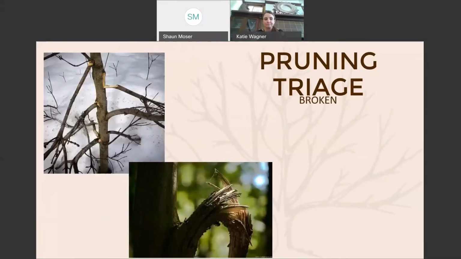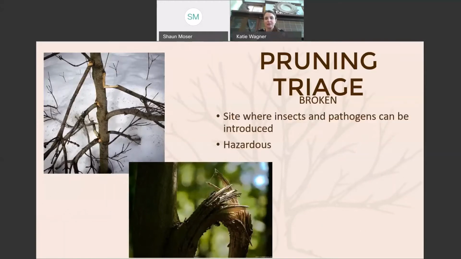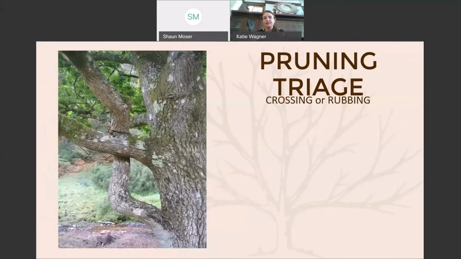Anything that's broken, let's get that out of there too. Any broken branches, those go next. Okay. Anything that is crossing or rubbing, anything that will be crossing or rubbing. We get this a lot in fruit trees, that the branches may not be crossing or rubbing yet, but they're located a quarter of an inch away from each other.